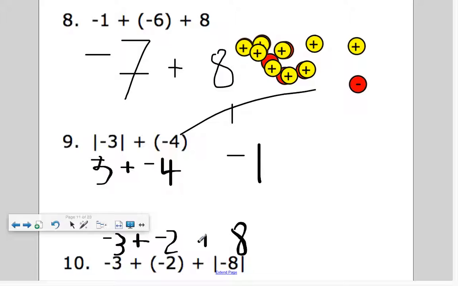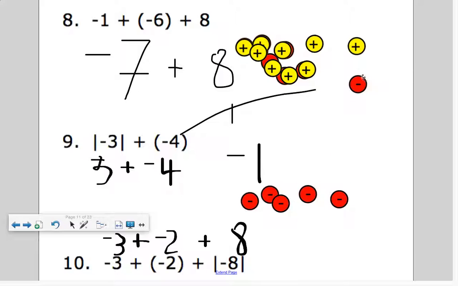And I mix it with 8. So could I use my counters, or can I do it mentally? If I have 3 negatives and I mix it together with 2 negatives, will anything cancel? Do you see any 0 pairs? Or all negatives? I have 3 negatives and I mix it with 2 negatives. I see 5 negatives.